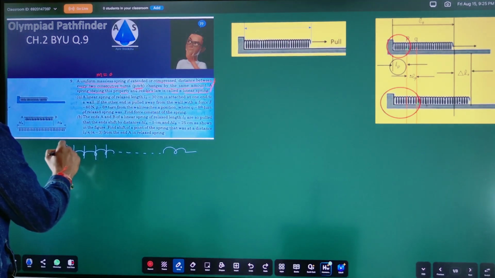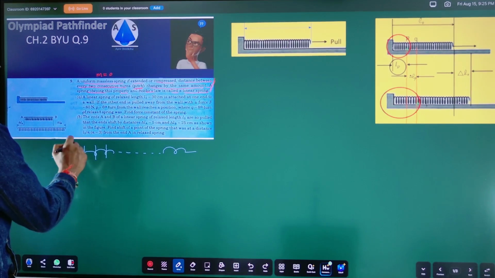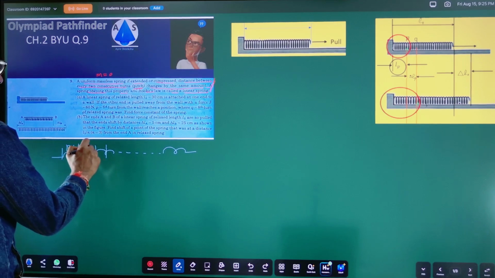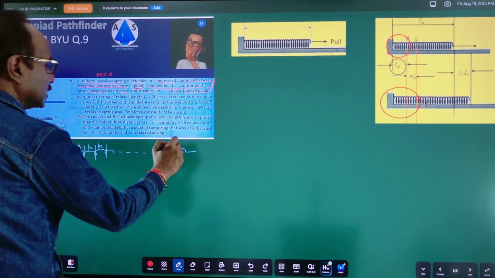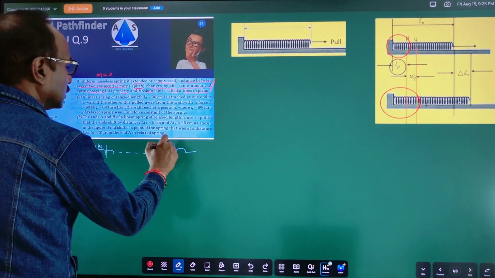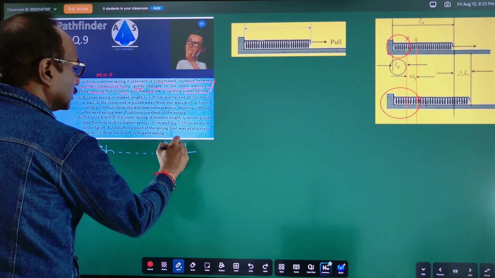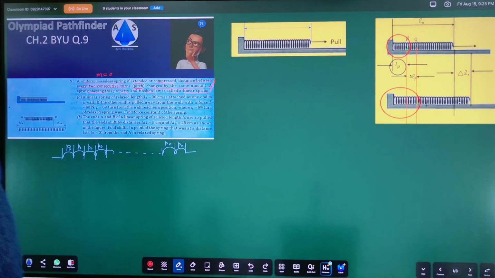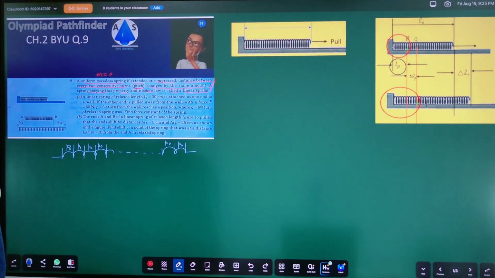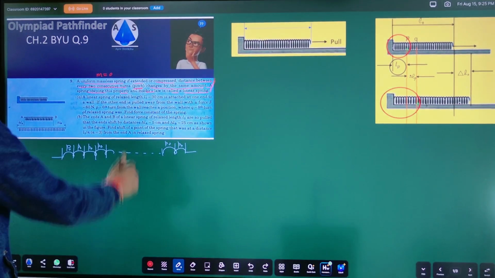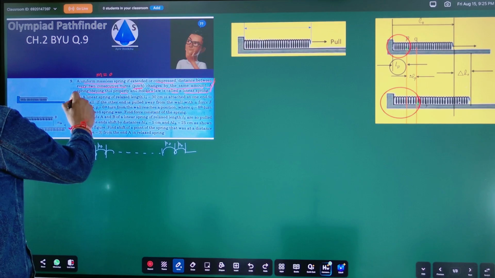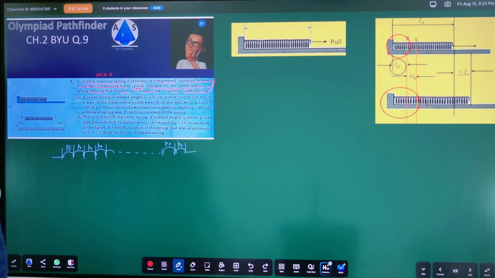Let's say it is the same for all. Pitch is P naught. So all will be P naught. Our case is talking about stretching, so we will go on stretching.